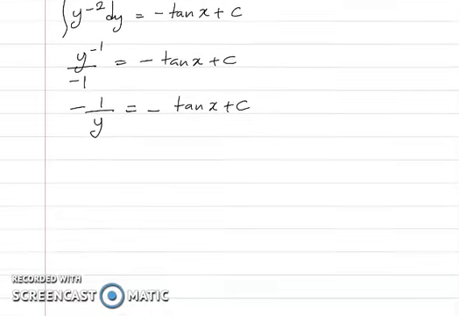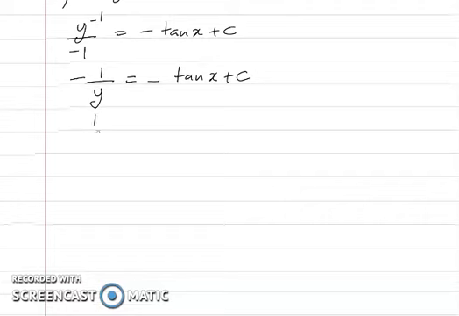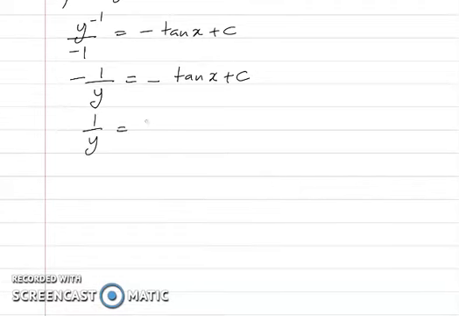So I could multiply the entire equation by minus 1. So I'm going to end up with 1 over y is equal to tan x minus c. Now minus c, I could just simply change minus c to plus d, because if c is a constant, minus c is still another constant. So I just simply call the constant minus c, I just simply call it d.